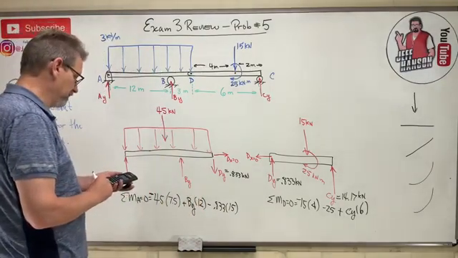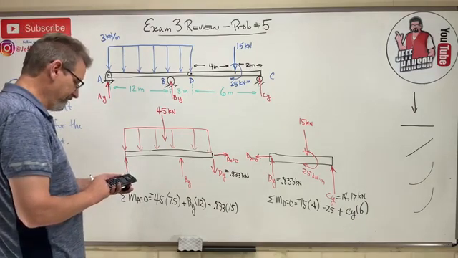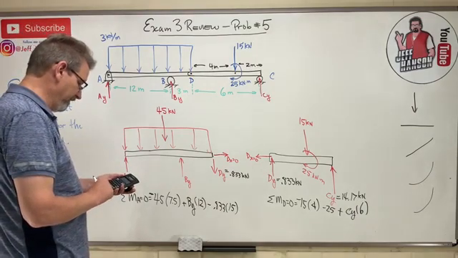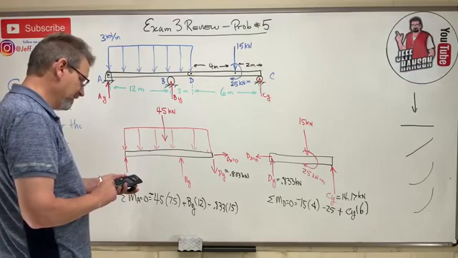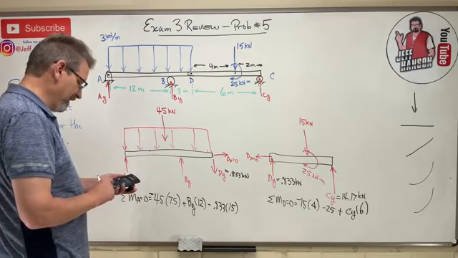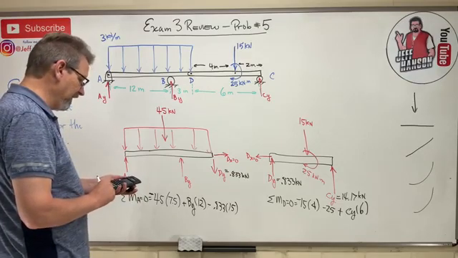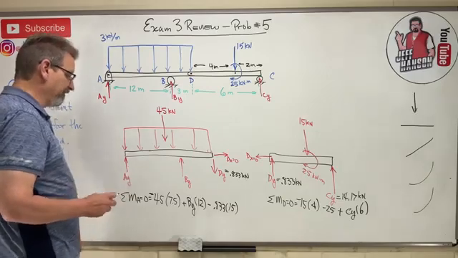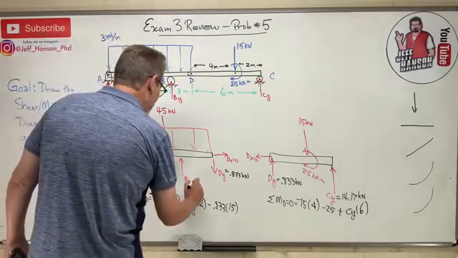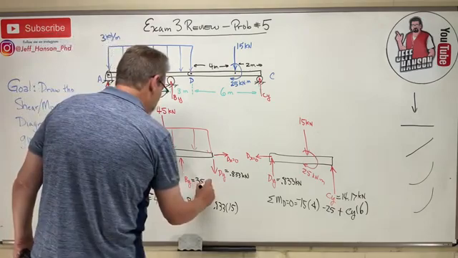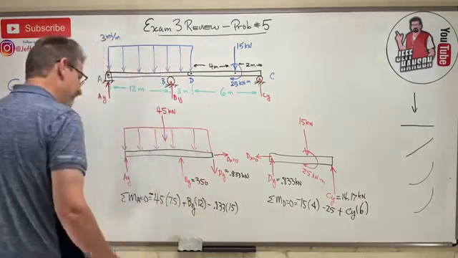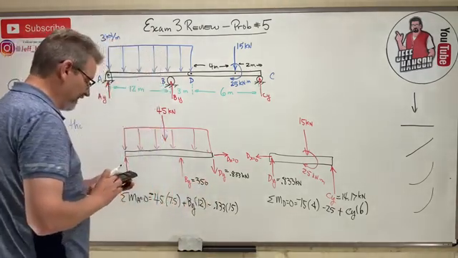yeah, that's right. So what do we get here? 45 times 7.5 plus 0.833 times 15 equals 350. So BY equals 350? Oh, dadgummit, I've got to divide that by 12, don't I?